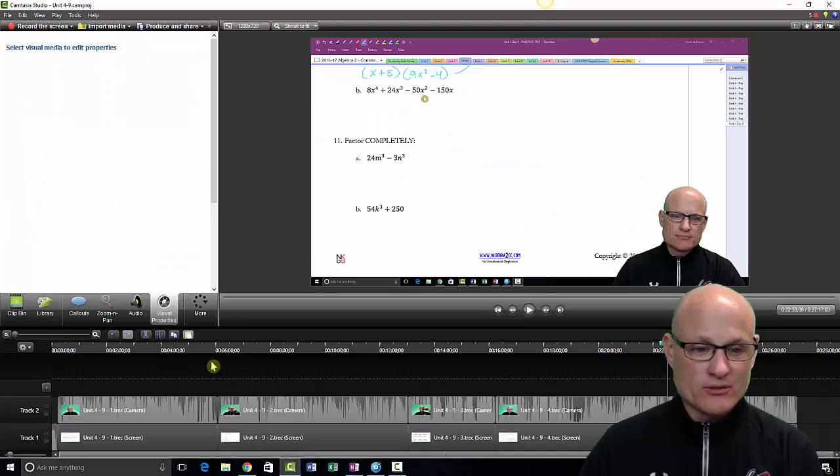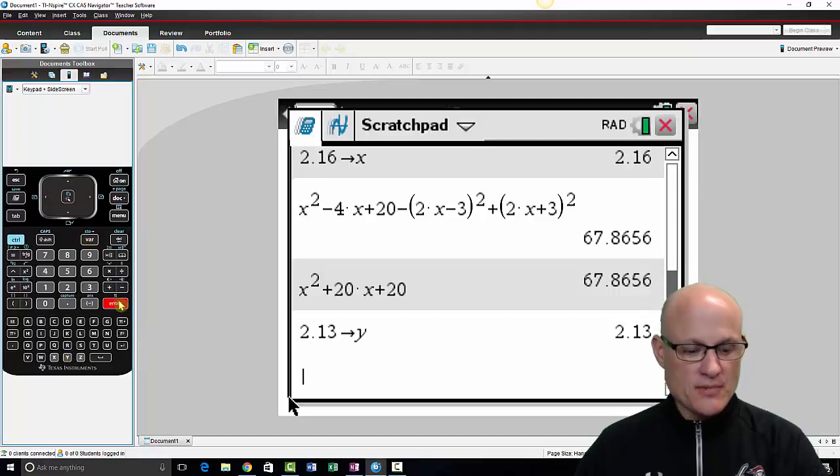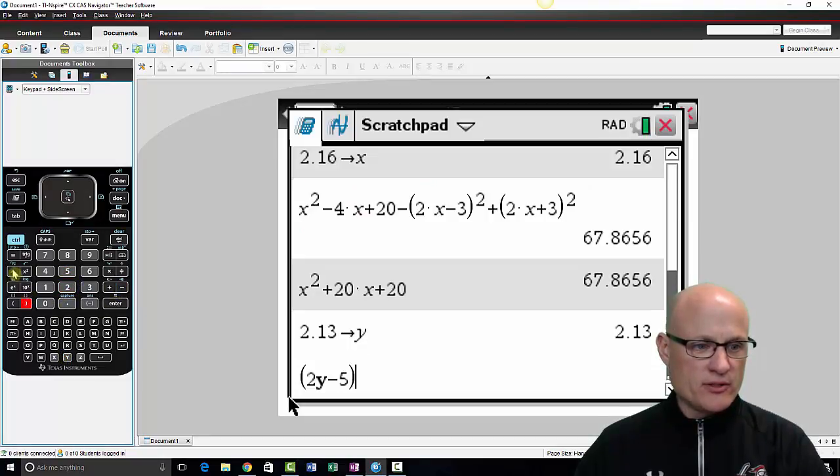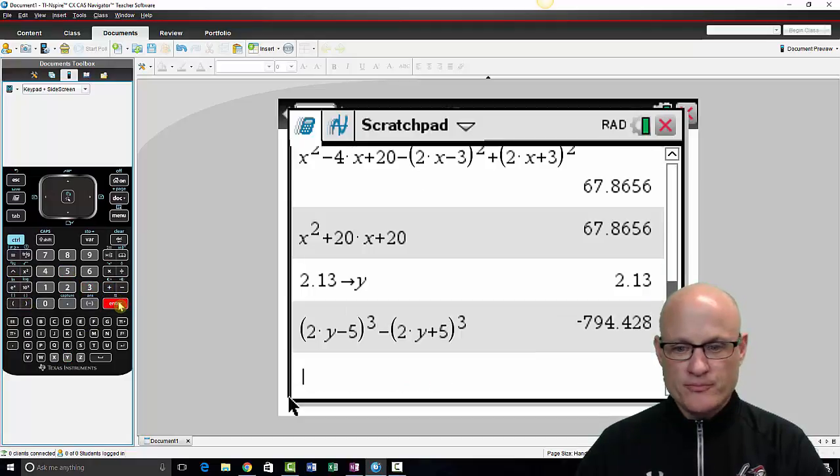I think I screwed up somewhere. Not going to pull any punches. I think I screwed up. On the calculator: parenthesis, 2y minus 5, parenthesis, cubed, minus, parenthesis, 2y plus 5, parenthesis, cubed.